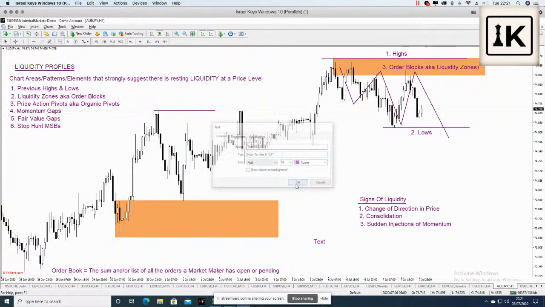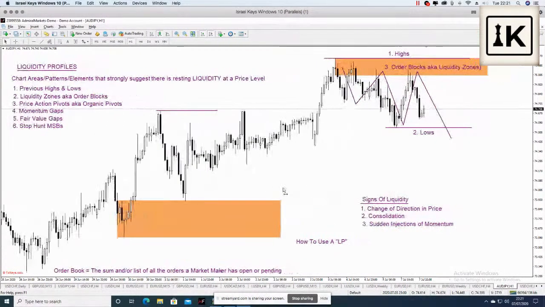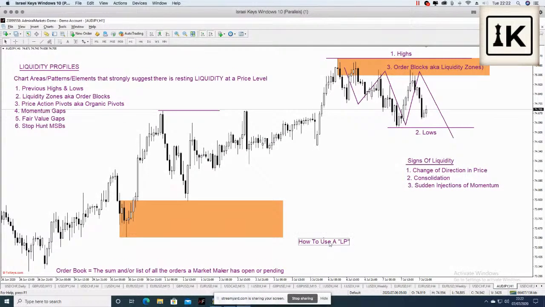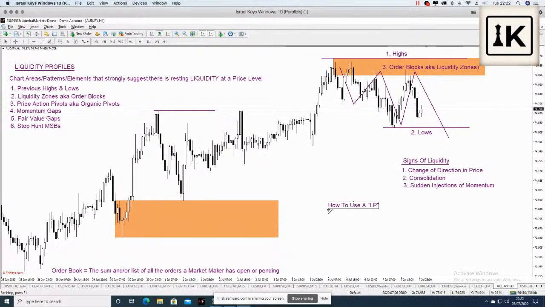Liquidity profile. So we have room for this. So we're going to end tonight with how do you use a liquidity profile? Because it's all well and good knowing them. How do you use them?